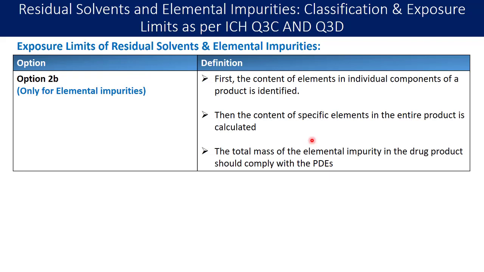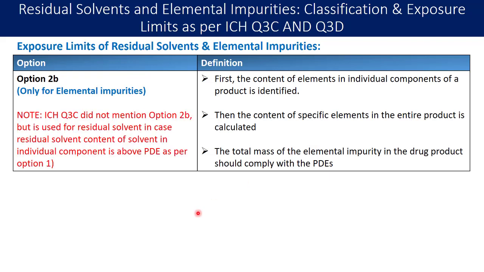Let us take one example to explain option 2B, but before that, you must also understand that ICH did not mention option 2B as such for residual solvent, but it is used for residual solvent in case the residual solvent content in an individual component is above the permitted daily exposure as per option number 1.